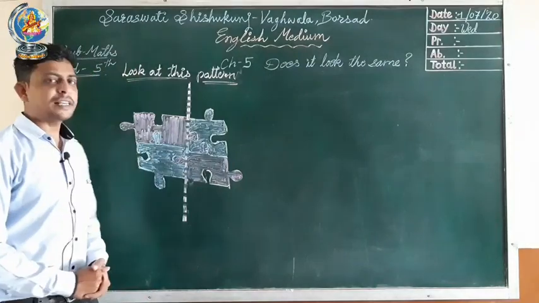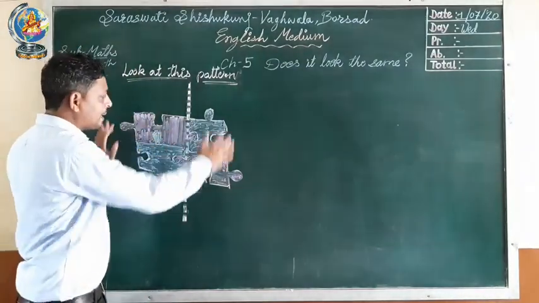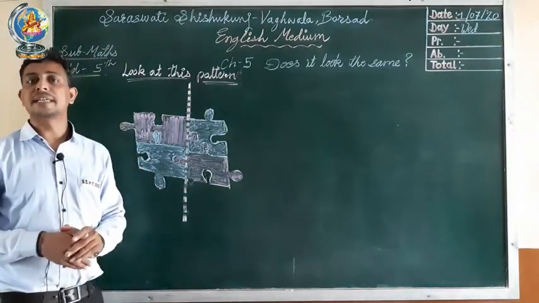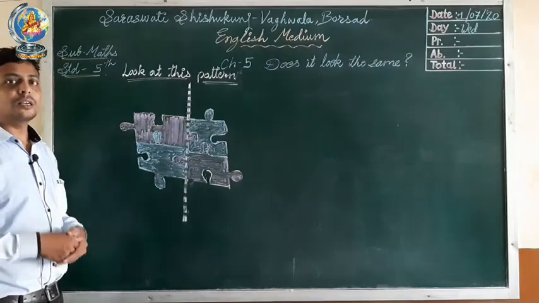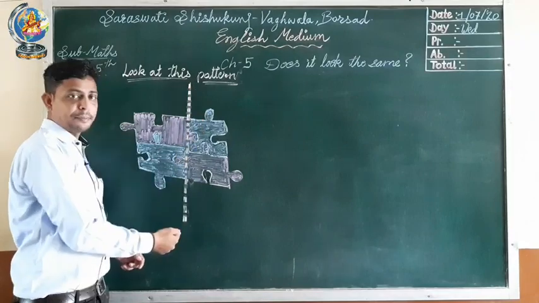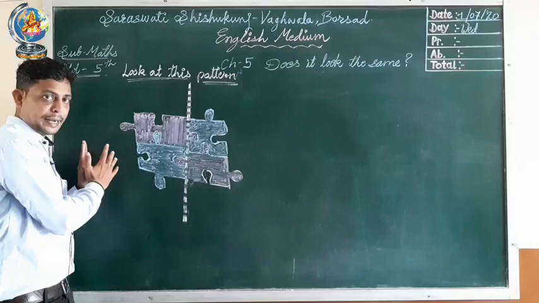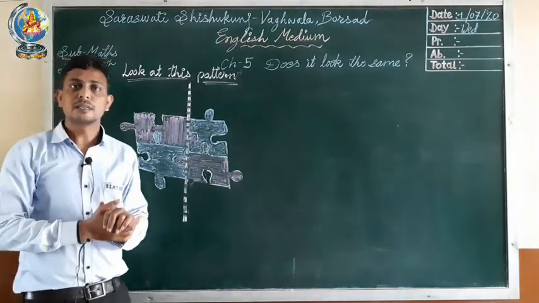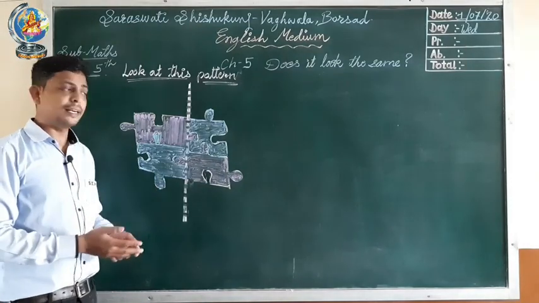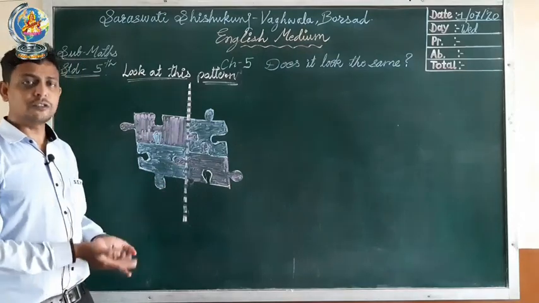Okay. Now next topic, look at this pattern. In this pattern you can see this is the imaginary line. Do both have the same shape or not? Let's check it. A dotted line is separating two shapes. One is on the right side and one is on the left side. Now, if we observe this figure, we come to know whether they are equal halves or not.